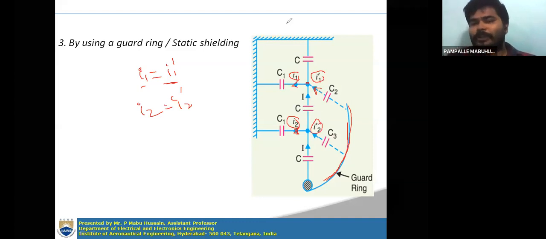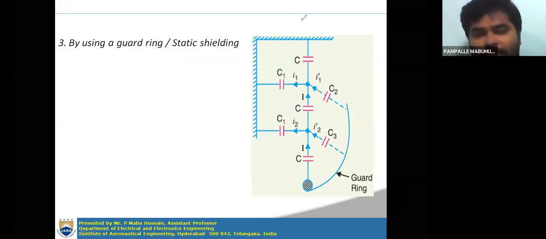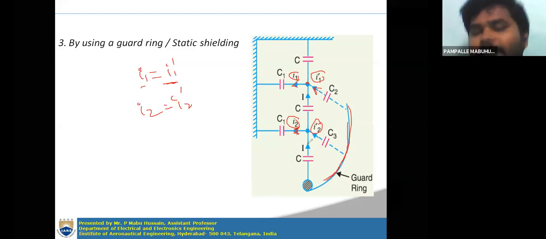When we do like this, what may happen here? At this node, the incoming current is equal to the outgoing current. So I plus I2 dash equals I plus I3 dash, and these two are cancelled.